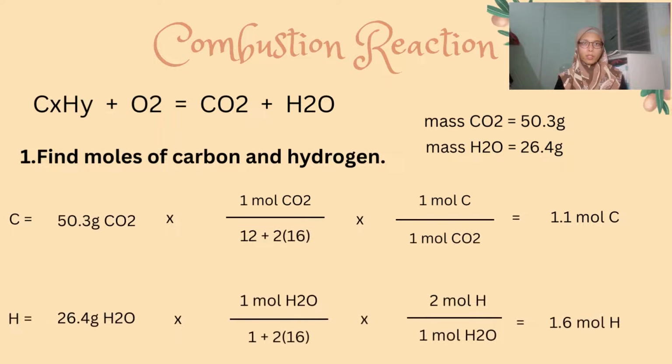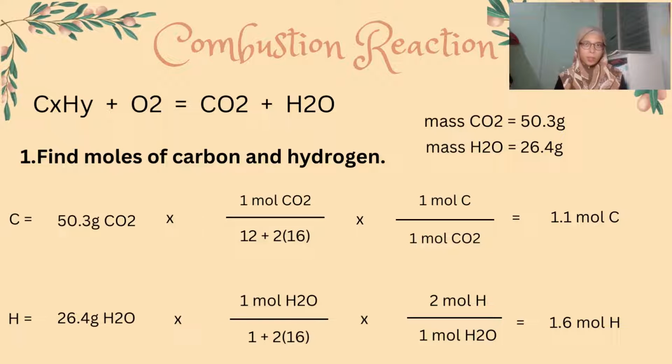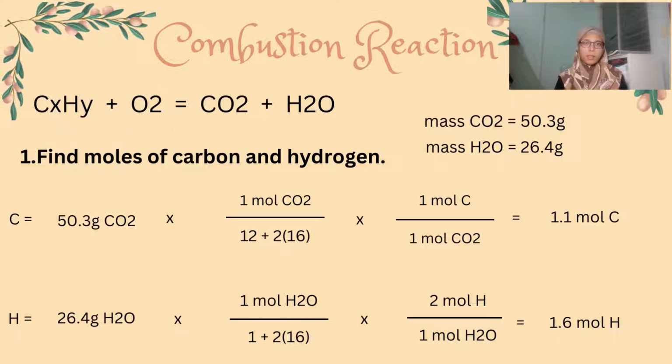In combustion reaction, we already know that combustion is when an organic compound is burned with oxygen to provide carbon dioxide and H2O. So when carbon in the organic compound is burned with oxygen, the carbon will be converted into carbon dioxide.